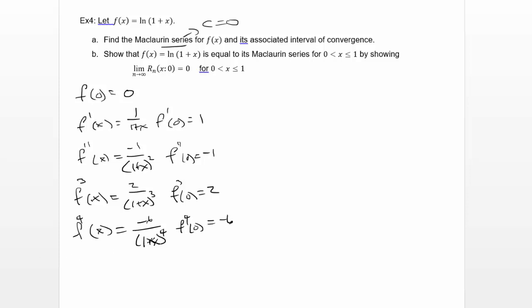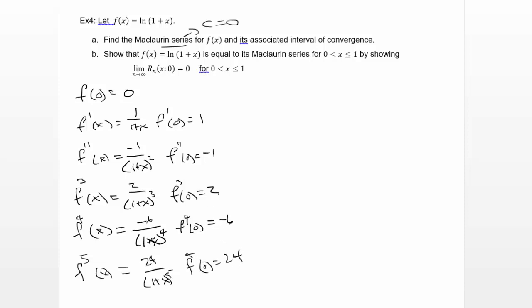Okay, that was interesting. Let's try one more here. Maybe not quite positive what's happening here. The fifth derivative, let's bring down the minus 4, so minus 6 times minus 4 is positive 24, over (1 plus x) to the fifth. That means the fifth derivative at the center is positive 24.